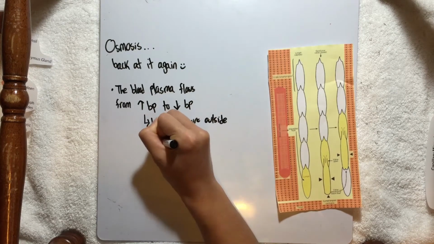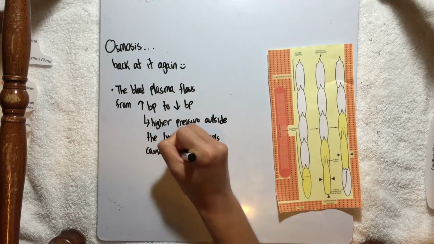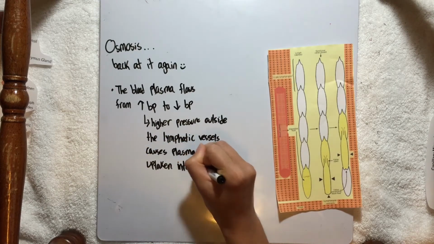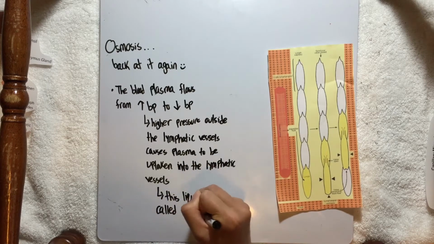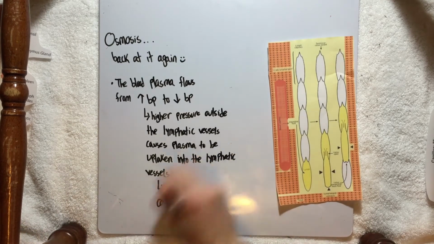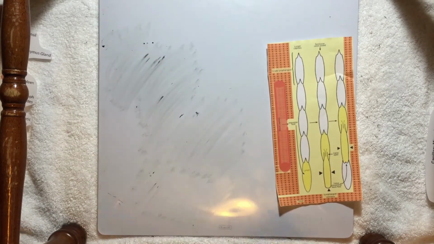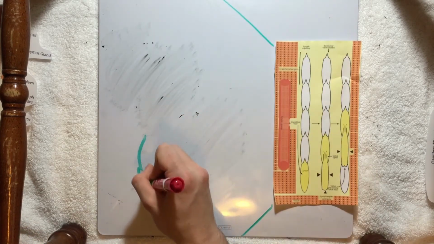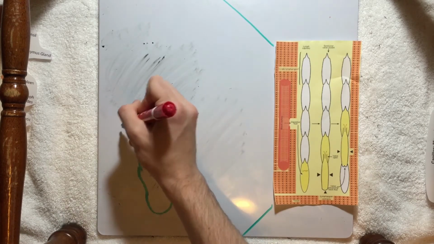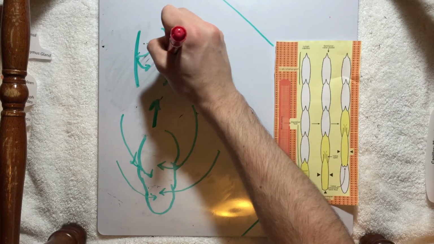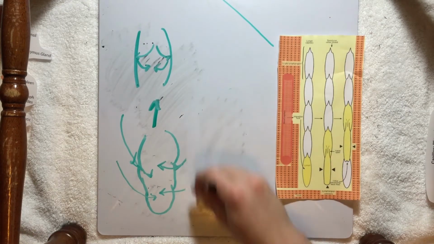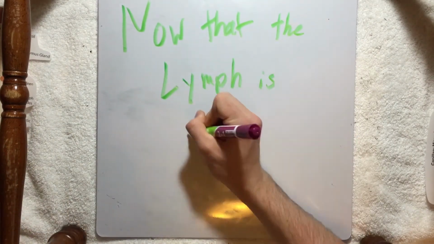The blood plasma will flow from high blood pressure to low blood pressure, and there's higher blood pressure outside of the lymphatic vessels. So this means that it will flow into lymphatic vessels, and something that is important to note is that the lymphatic vessels are designed in a way such that once the lymph goes into the lymphatic vessels, it cannot be brought back out. And also, it's important to note that the blood plasma that escaped the capillary beds earlier is not considered lymph yet. It's considered lymph once inside the lymphatic vessels.